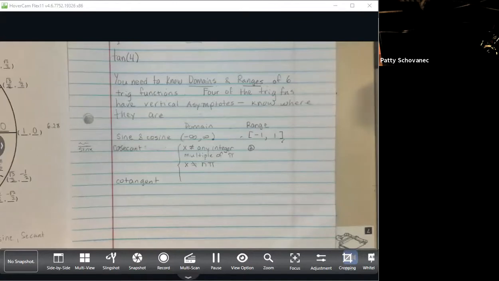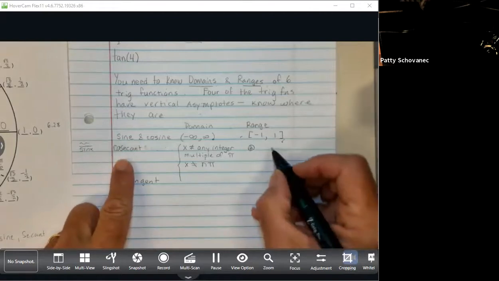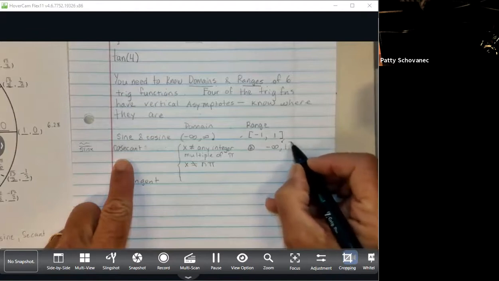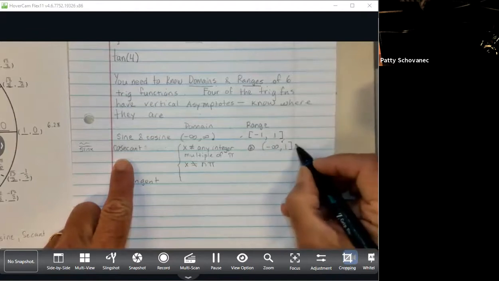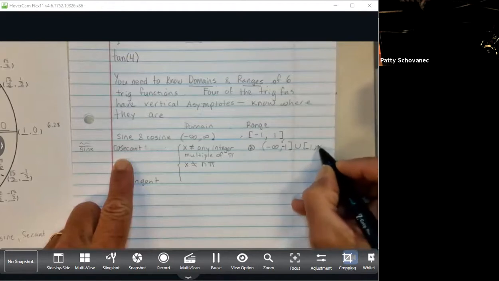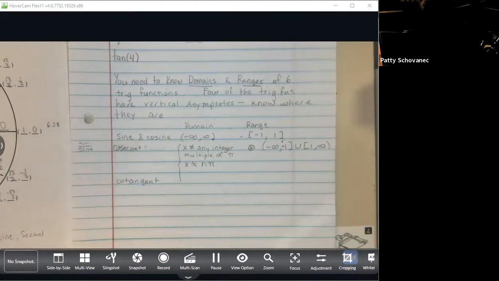So the range of the cosecant is from -infinity to -1, and then again from 1 to infinity. There's no such thing as a cosecant of an angle equaling a half. It can never happen because of the way the cosecant was defined, 1 over the sine.